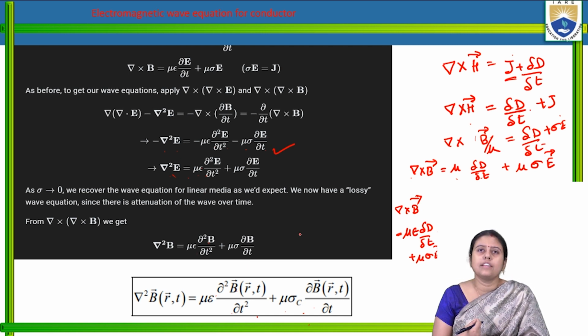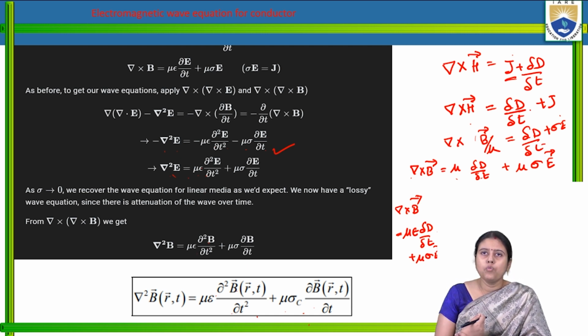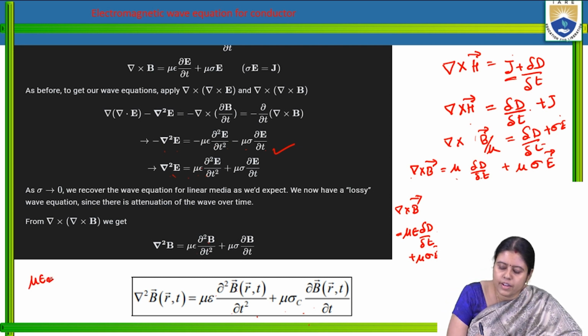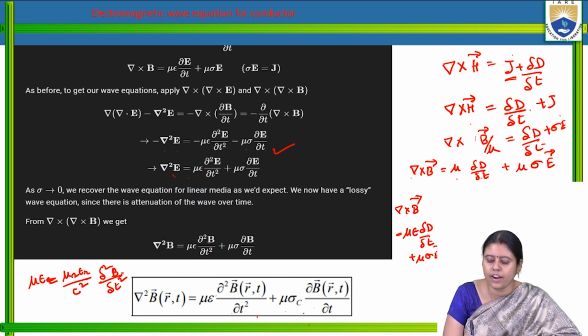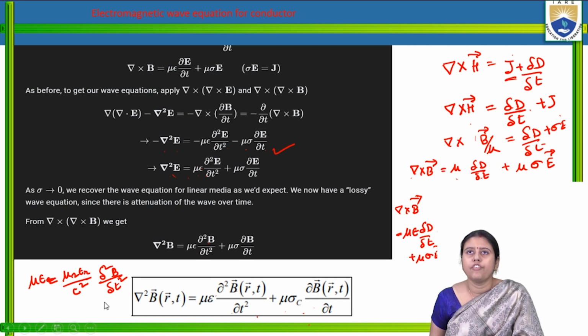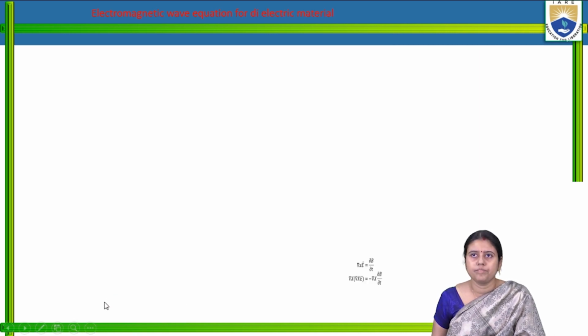Mu sigma is nothing but mu r epsilon r by c square, delta square B by delta T square. So already we got the electromagnetic equation for the conductor.